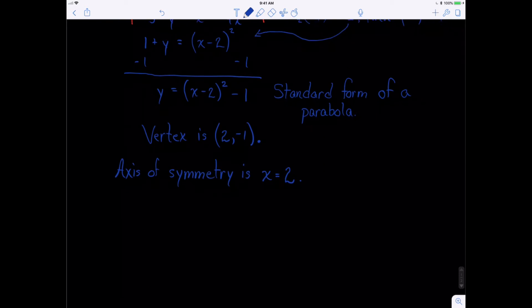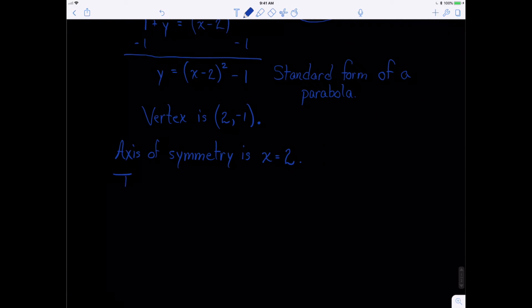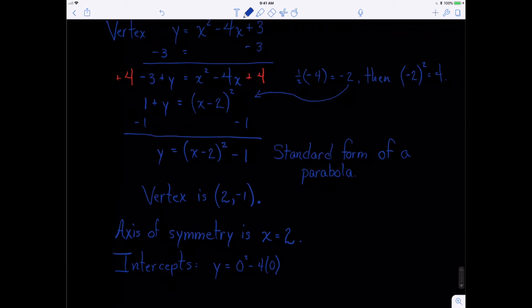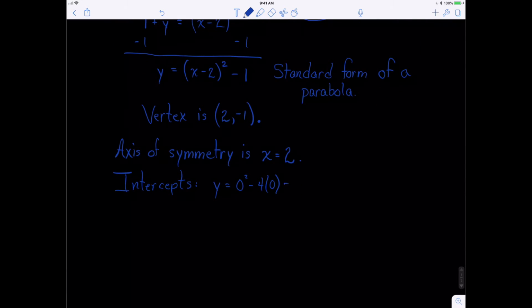And our intercepts, well, the first one we want is the y-intercept. The y-intercept's a great one because you just use y equals 0 squared minus 4 times 0, and then our last number was a plus 3.